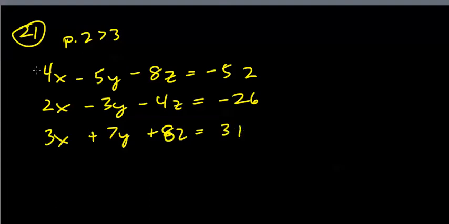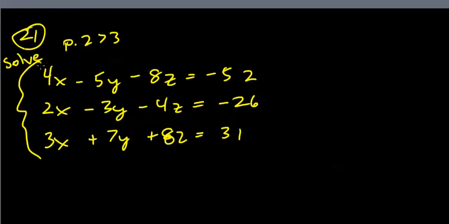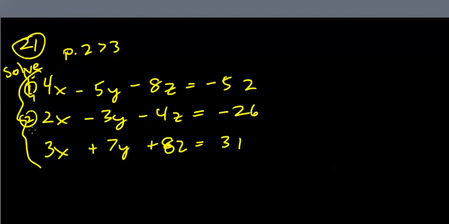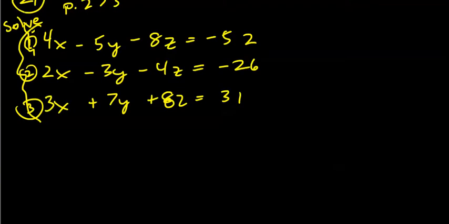Alright, so here's the 3 by 3 system we are asked to solve. Equations 1, 2, and 3. If I view this, I don't think I have to look at it too long to realize that when I add equations 1 and 3, I can easily eliminate the z variable.